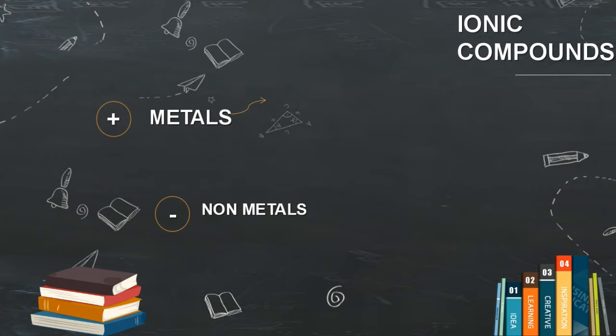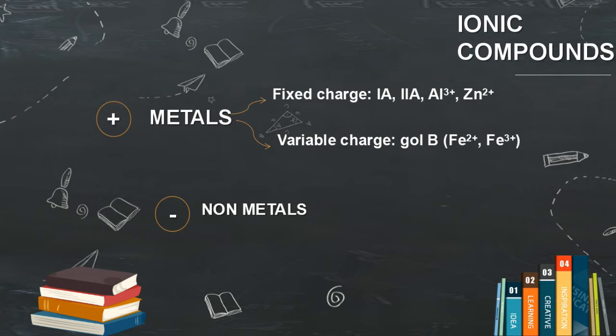Metals can be divided into the metal which forms ions of only one type, called fixed charge, like elements of group 1A, 2A, aluminium, etc. And the metal which forms ions of more than one type, called variable charge, like elements of group B. For example, iron 2 and iron 3.